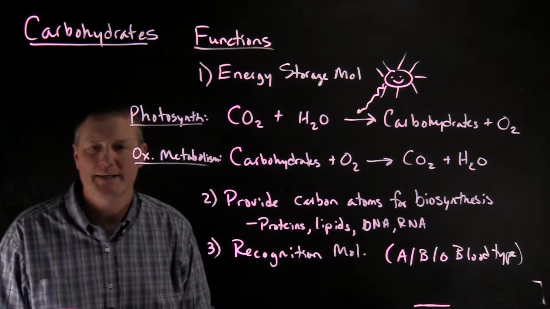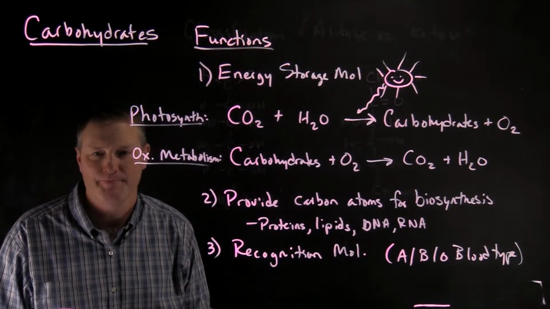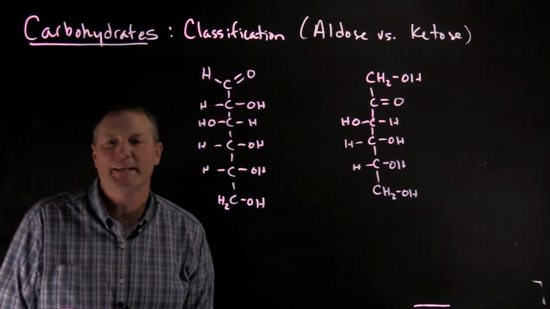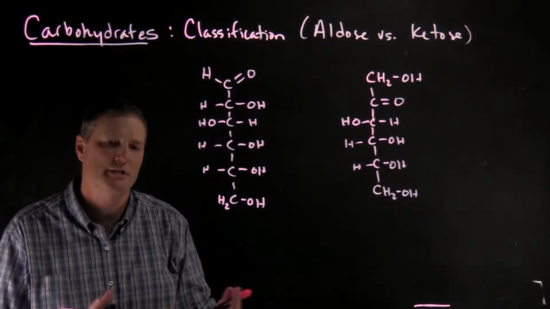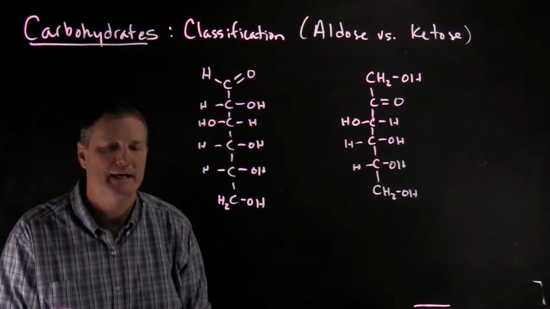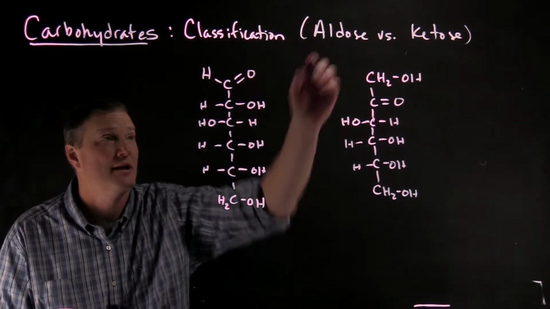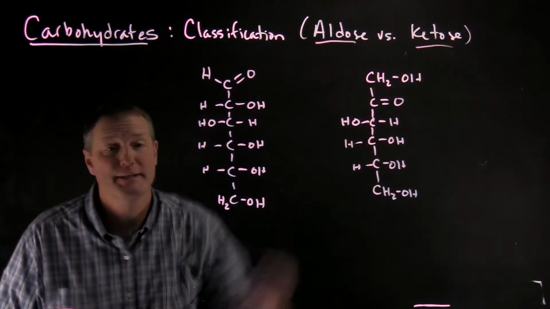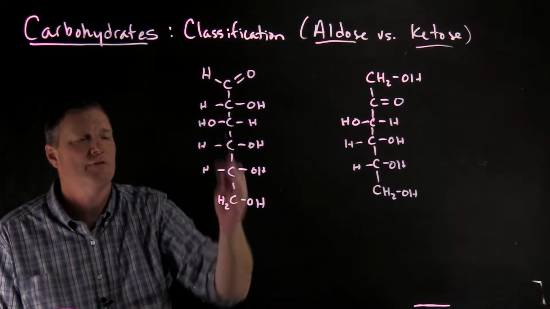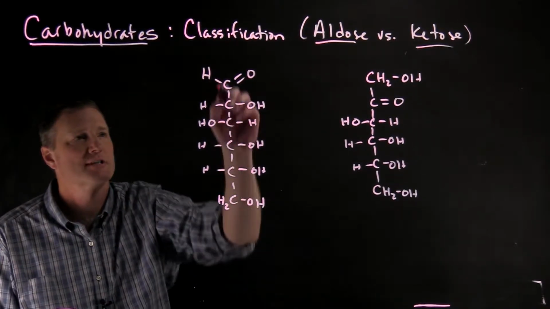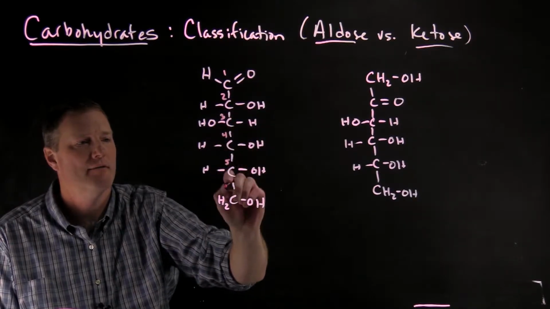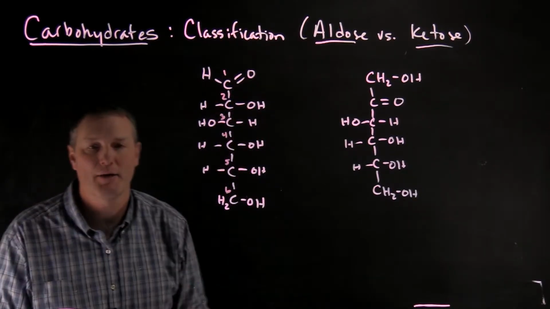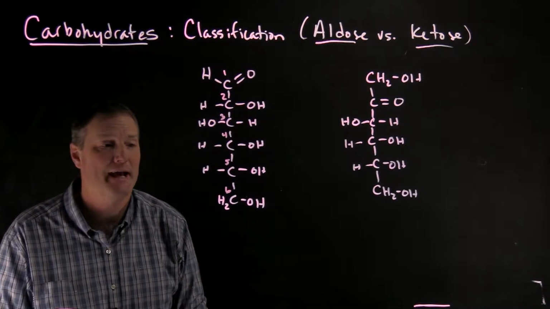In the next section, we're going to take a look at the actual chemical structure. So let's take a look at the classification of carbohydrates. Carbohydrates can typically be grouped in two main groups, the aldose and ketose sugars. This first sugar I've drawn out here, notice it's got 1, 2, 3, 4, 5, 6 carbons, and carbon number 1 is in fact an aldehyde.